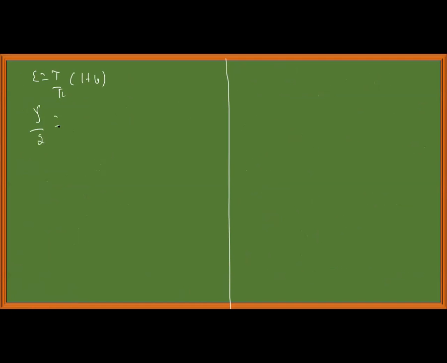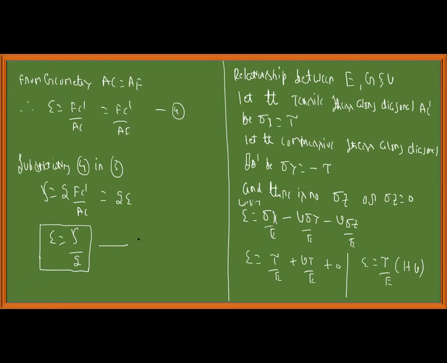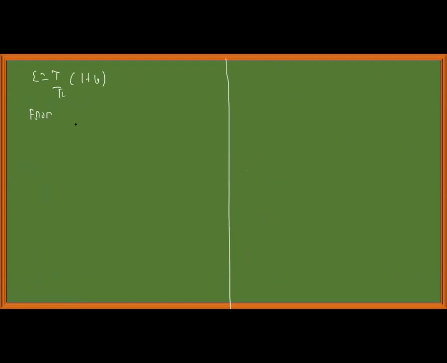Gamma by 2 is from phi gamma by 2 is equal to tau by E into 1 plus mu, or I can write tau is equal to G times gamma, or tau by G is equal to gamma.